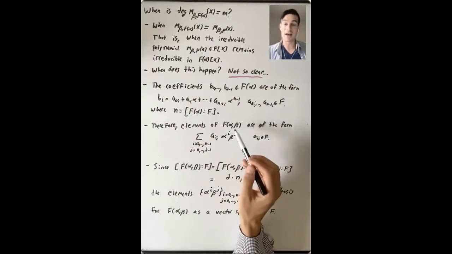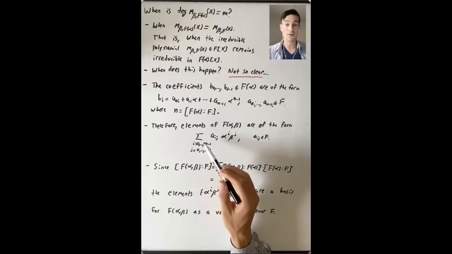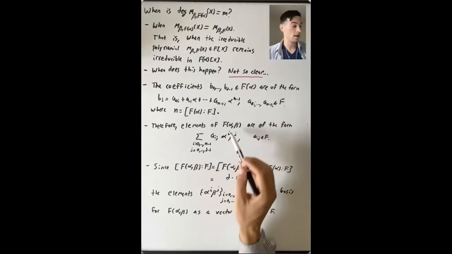We get elements of F adjoin alpha and beta over F being of the form this sum over i and j, where i is going to be the power of alpha.